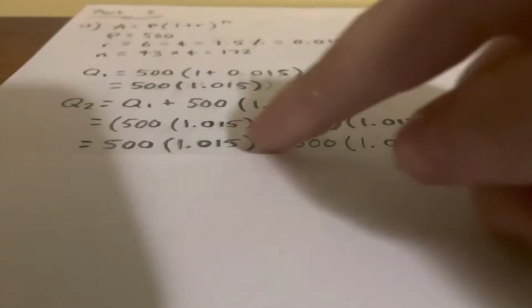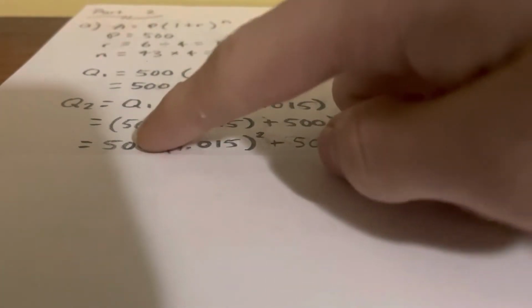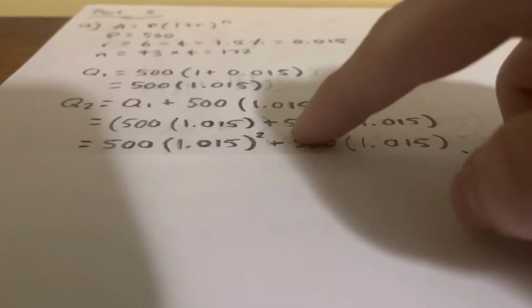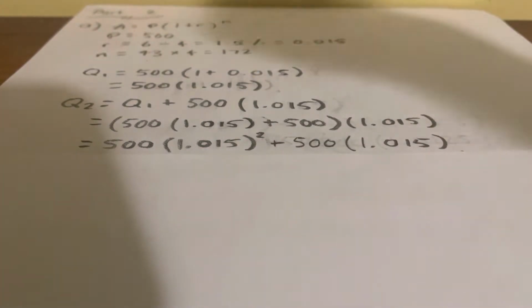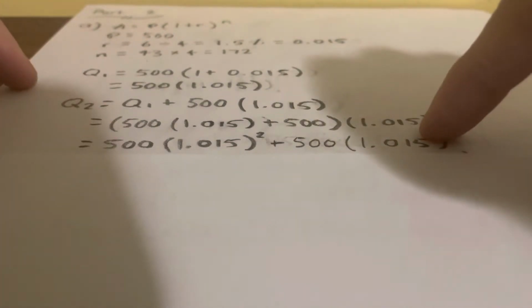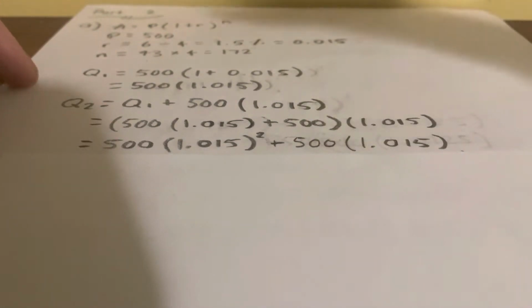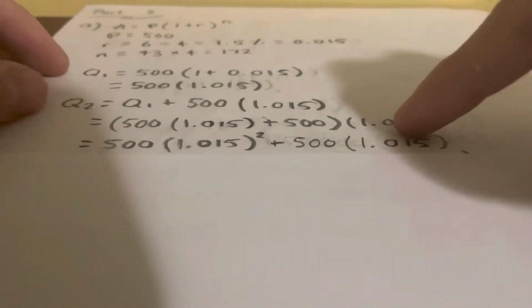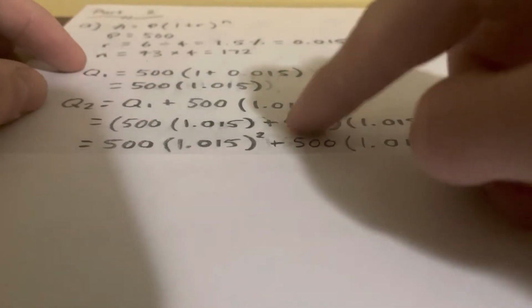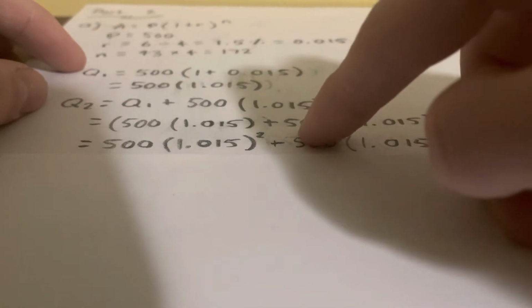We're going to substitute in our quarter 1, which from up here was 500 times our interest rate. Then we add 500, which is our new contribution, close bracket. Once we have this chunk, we're going to multiply it by our interest again, so again, it builds up. We multiply our interest rate by this part here, because they're being multiplied, and then by 500, our second contribution.